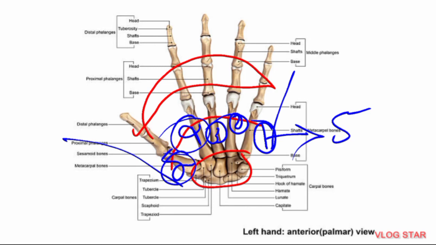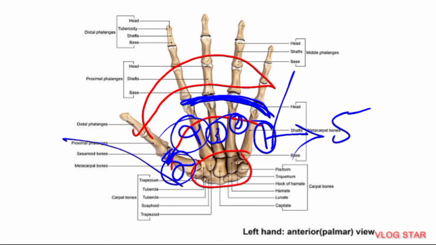The epiphyses of all metacarpals are directed towards the head, except in the first, where it is located towards the base. Heads of metacarpals articulate with proximal phalanges, forming MP joints, the knuckles. So these are the knuckles, the metacarpophalangeal joint.